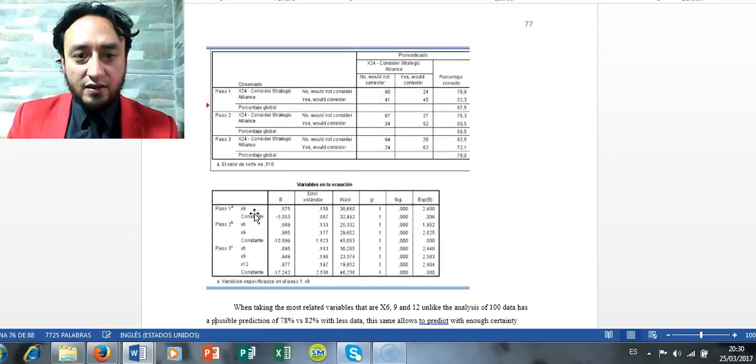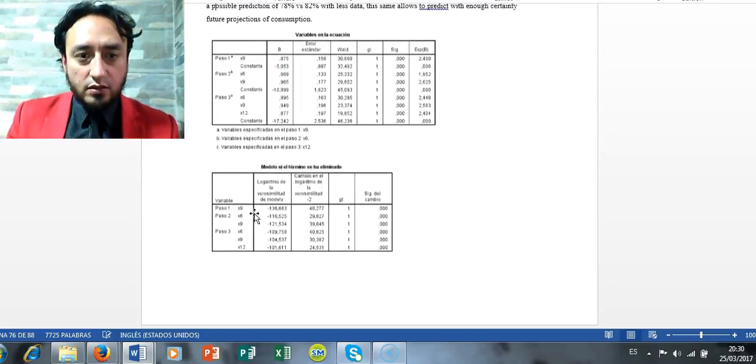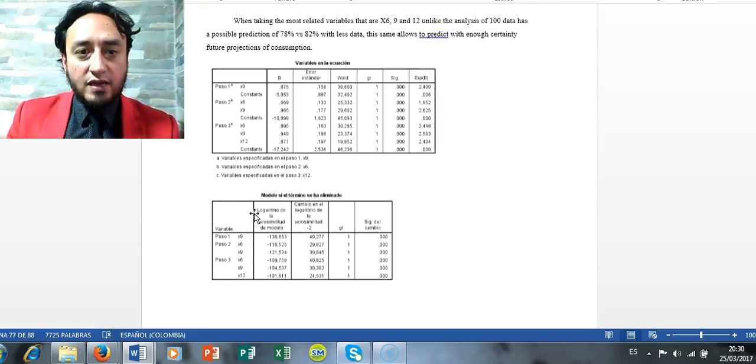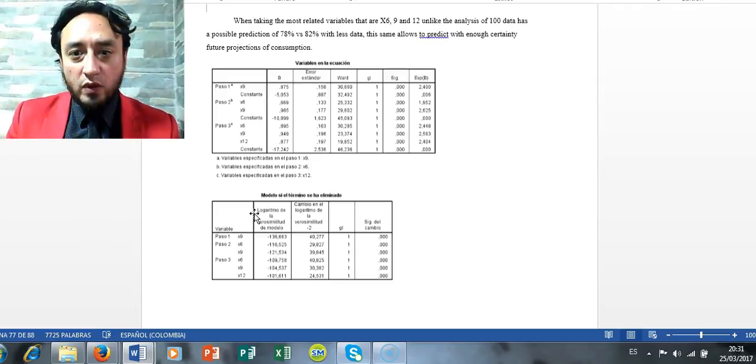Here we have the data. When taking the most related variables, x6, x9, and x12, unlike the analysis of 100 data, has a possible prediction of 78% versus 82% with less data. This allows us to predict with enough certainty future projections of consumption.